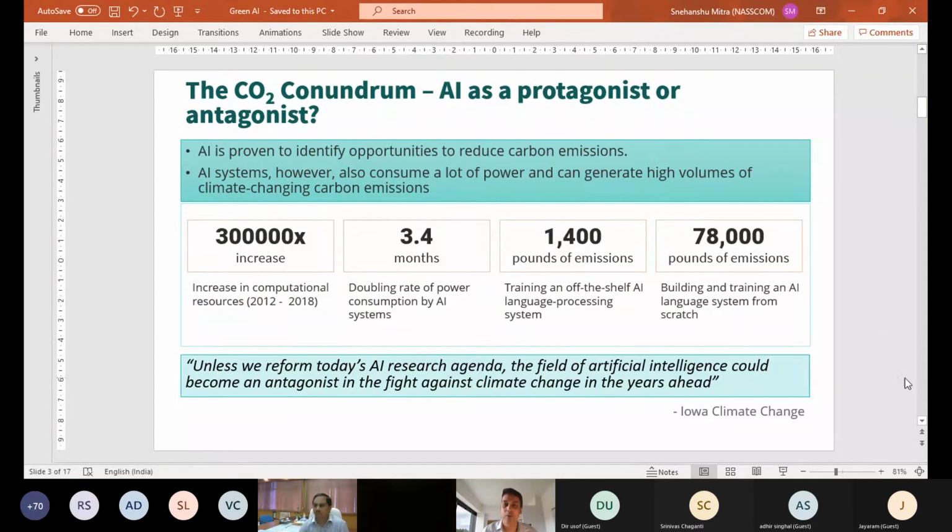The Iowa Climate Change Council makes a pertinent point. They're saying that we will need to reform our AI practices, or else artificial intelligence in times to come could very well become an antagonist, and it's not going to be a friend in our fight against climate change, and that's very significant.